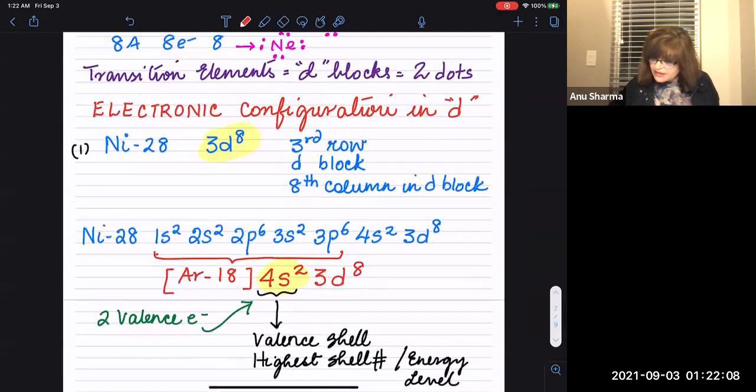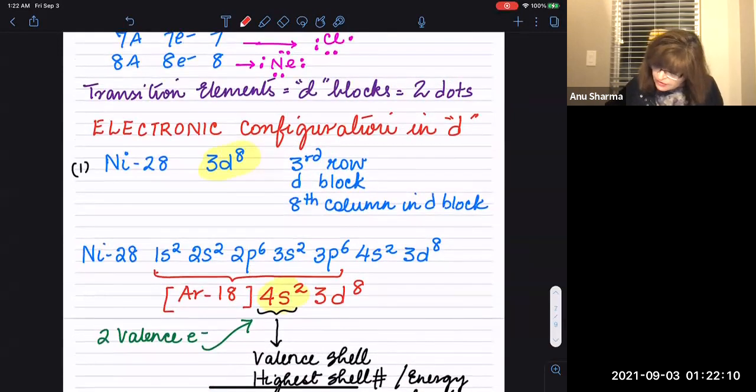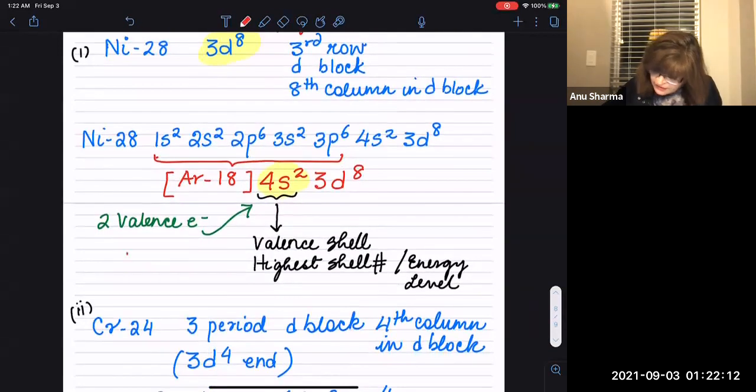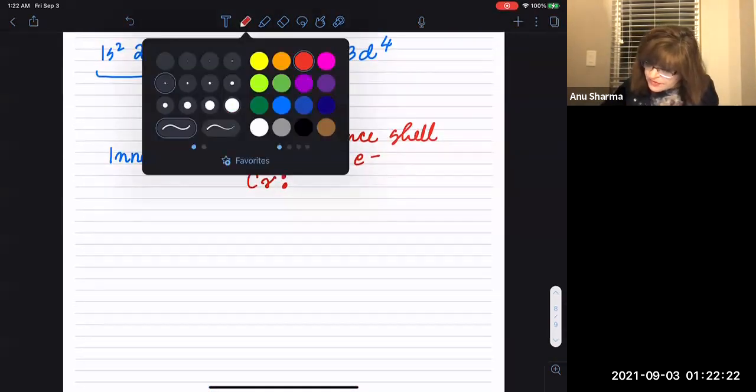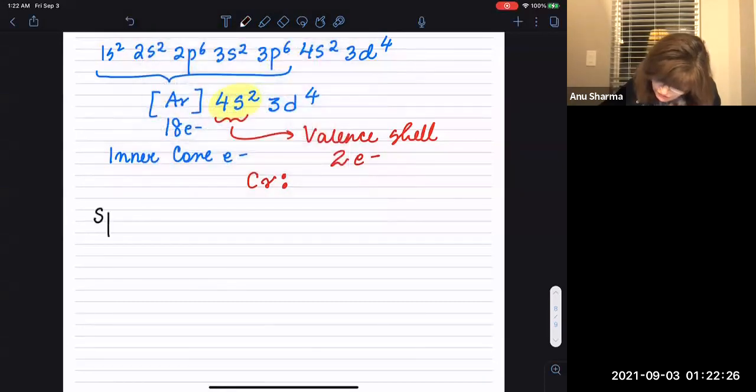Same story with nickel: the Lewis structure is just going to be 2 dots. Okay, now let's look at some other situation, which is the special situation.